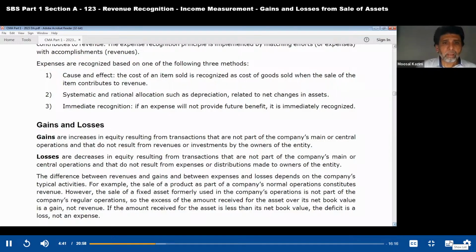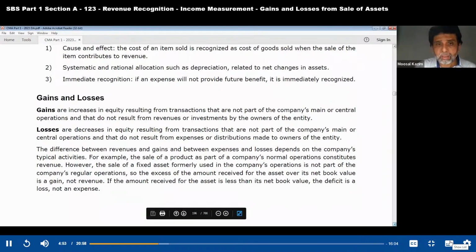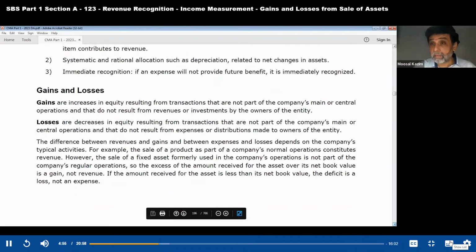as gains. And losses also are a part, that do not result from an expense. Expense is from the main core business. Losses are transactions which are not from the company's main business. For example, as I told you, you sold a fixed asset at a loss, that is, less than the book value.